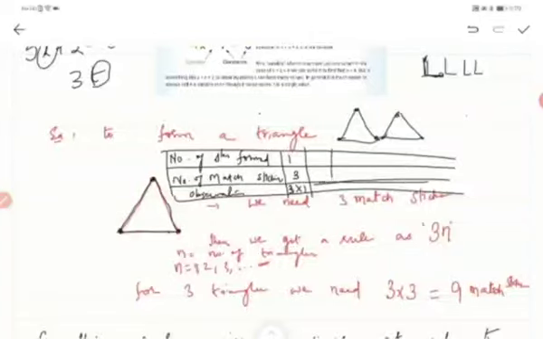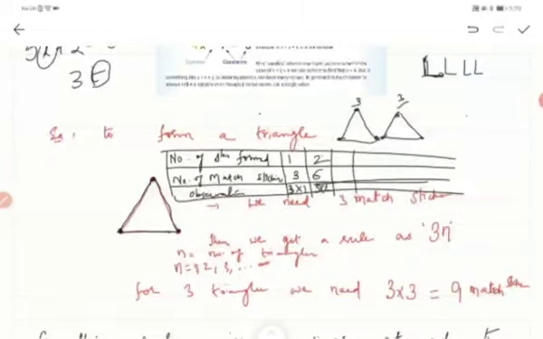Now if I want to make two triangles, how many sticks will I need? 6 sticks, right? For this triangle 3, this triangle 3. So for two triangles I will need 6 sticks, which is 3 into 2.